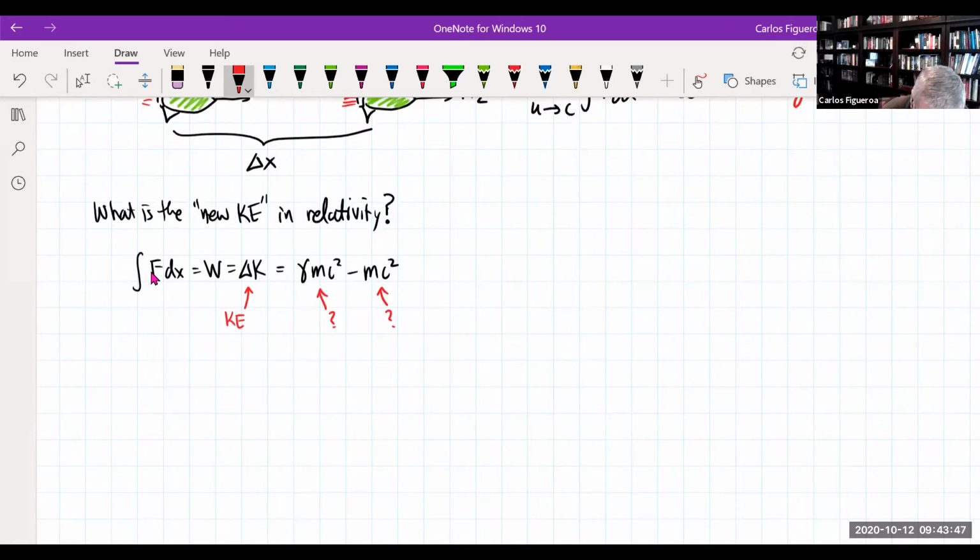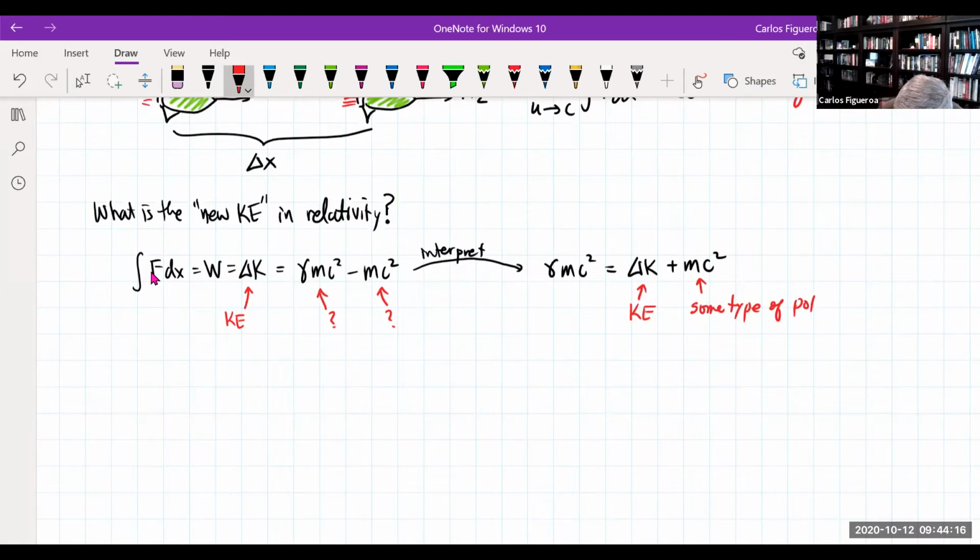One of the things that we could interpret here is that if I write this, then I can have a term that looks like that. And if this is the kinetic energy here, then the interpretation is that this must be some type of potential energy. And it turns out that this implies that this guy must be the total energy.